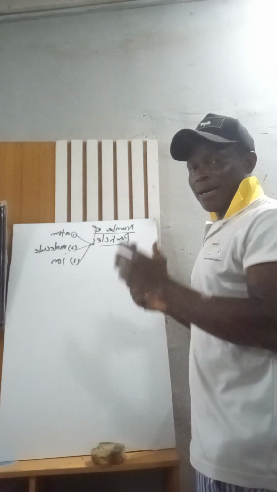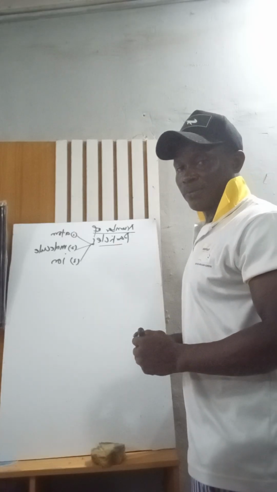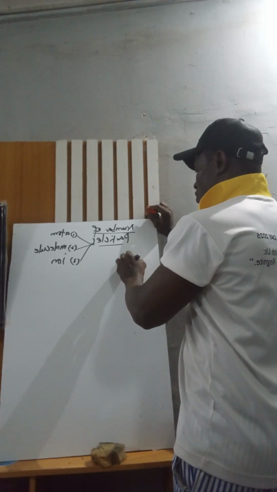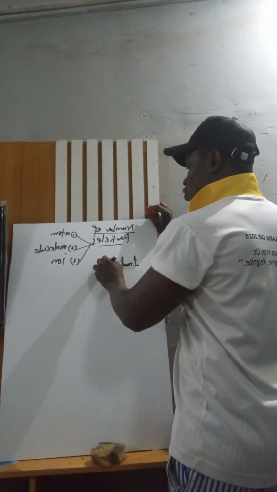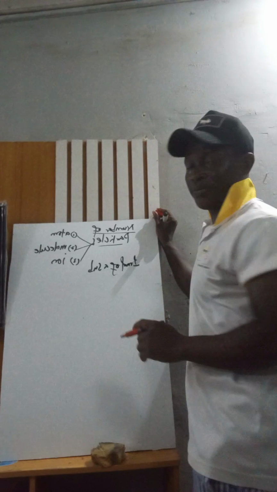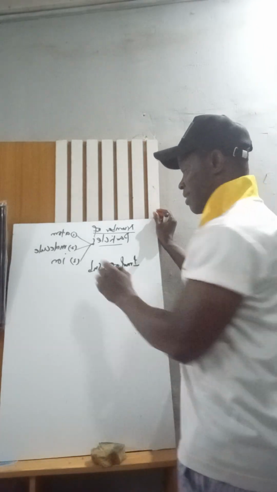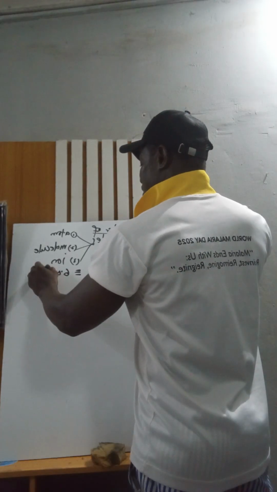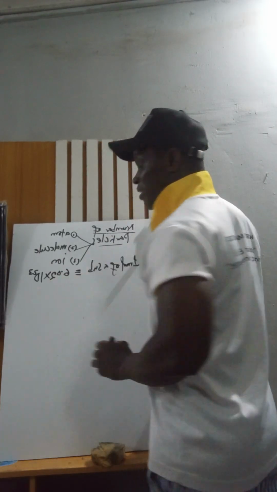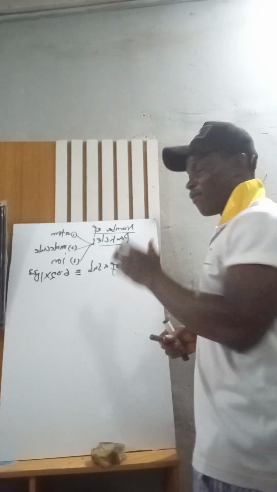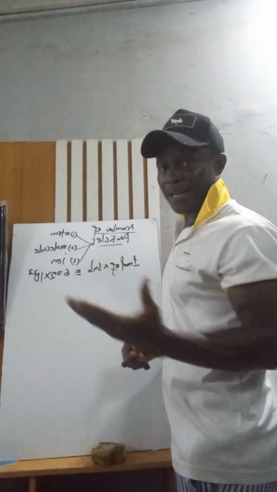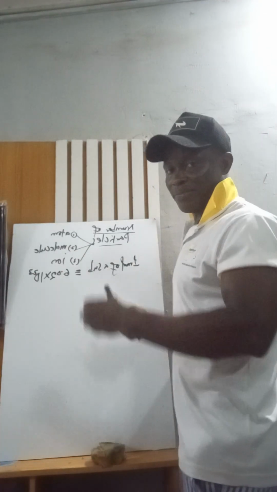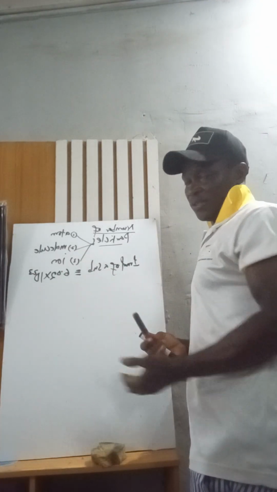Now, according to Avogadro, 1 mole of a substance is equal to 6.02 times 10 raised to the power of 23.